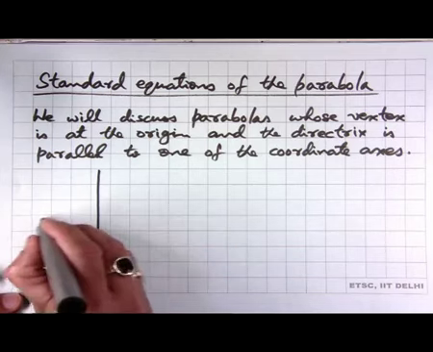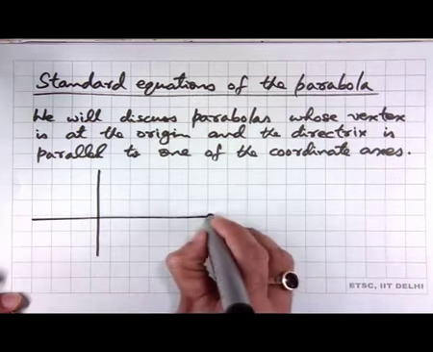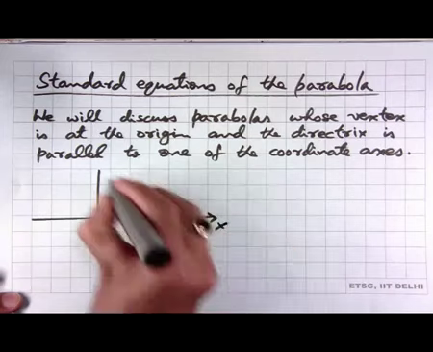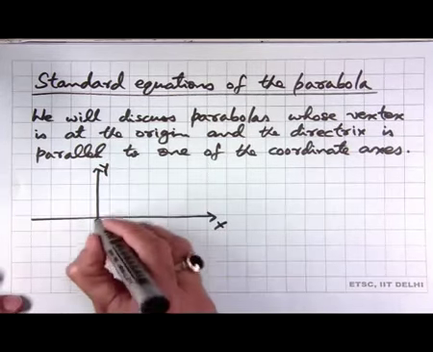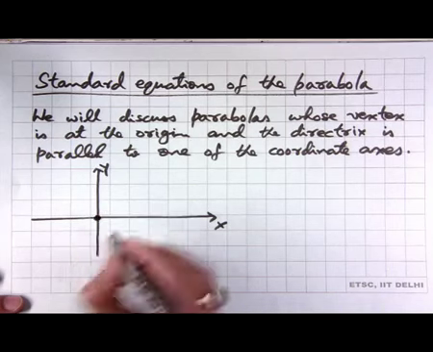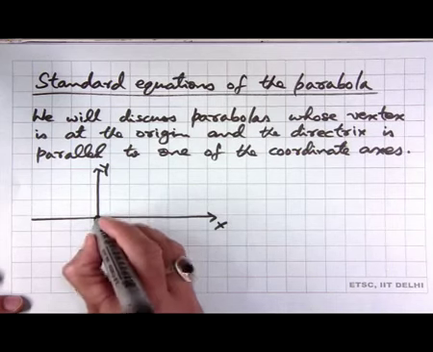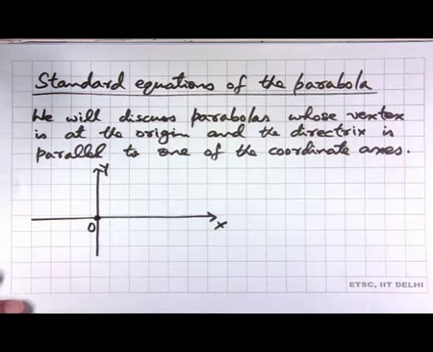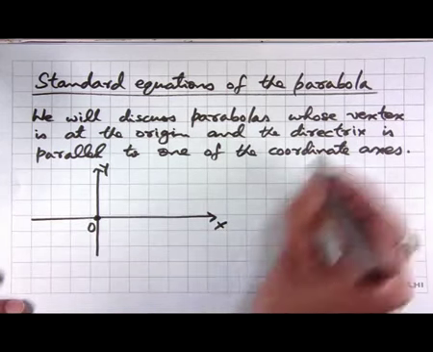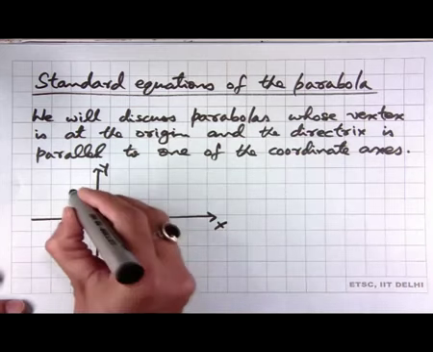So, let me draw the x y axis. This is x axis, y axis. What we want is that the vertex should be at the origin. So, this is my origin O, and suppose the directrix is parallel to the y axis.